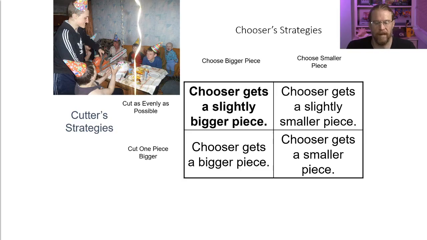Therefore, the best way to minimize the outcome for the chooser is to slice as evenly as possible, because if they slice unevenly, they know the chooser is going to pick the bigger piece. So if you're the cutter, you try to slice the cake as exactly as possible. Then the chooser will pick whichever one they prefer, and hopefully everyone is happy with that scenario.